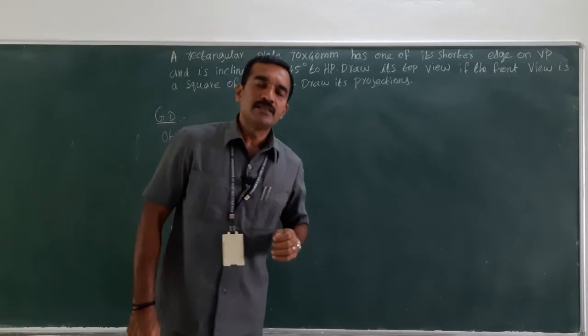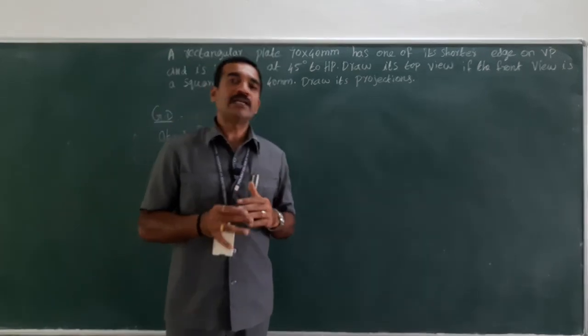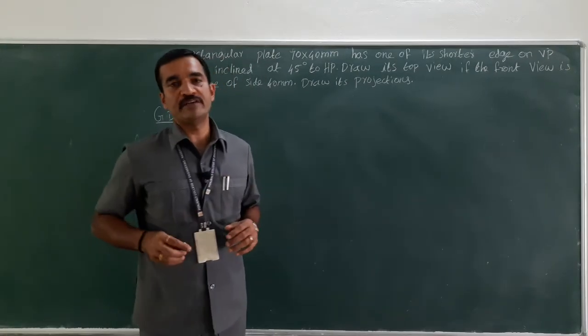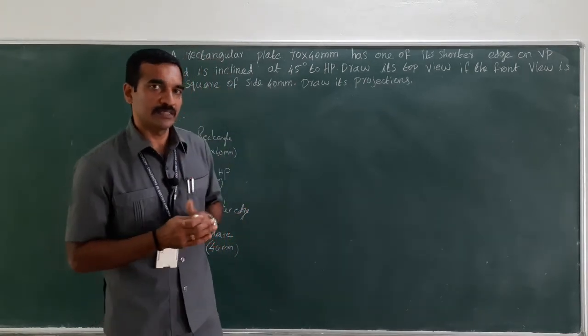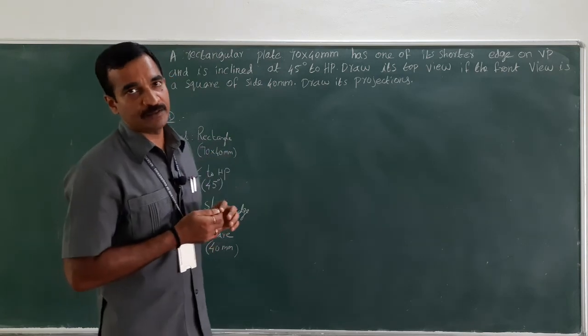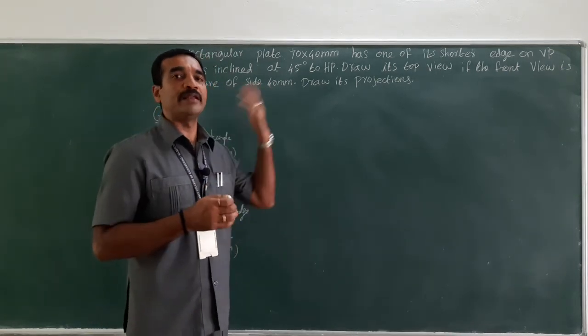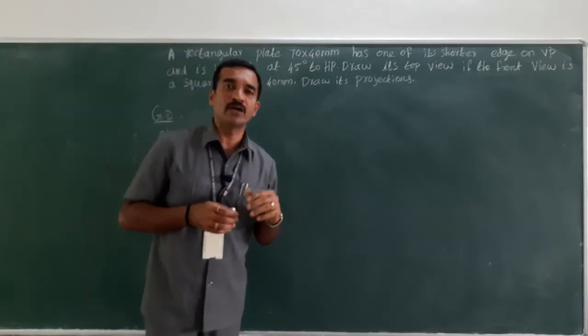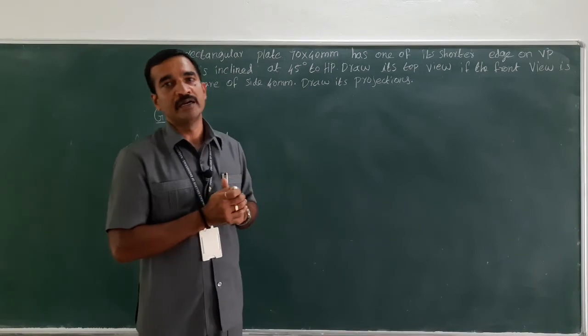See, this question is slightly different than the previous question which I solved. In the earlier questions, the surface inclination was directly mentioned or given. The plane or lamina or plate is inclined to either VP or HP.